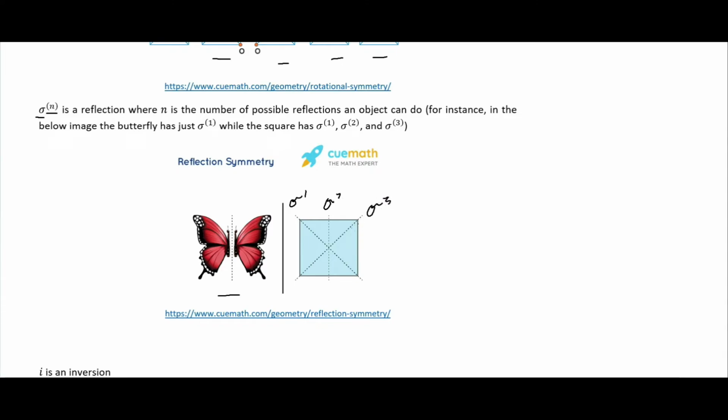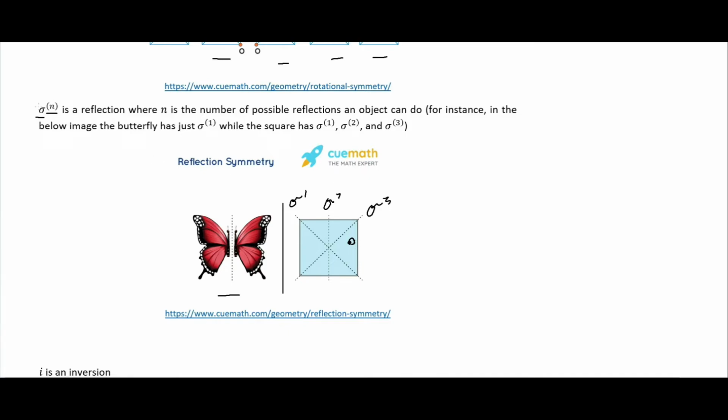And in fact, if you do it in 3 dimensions, it actually has another one, which is a plane that's parallel with the screen. And so the top of the square would be reflected so that it's now inside the screen, or facing into the screen. And so that's actually another reflection that you could do with that.